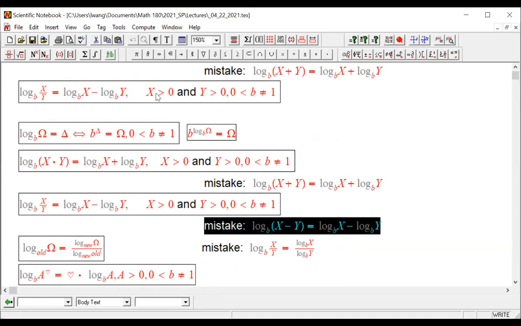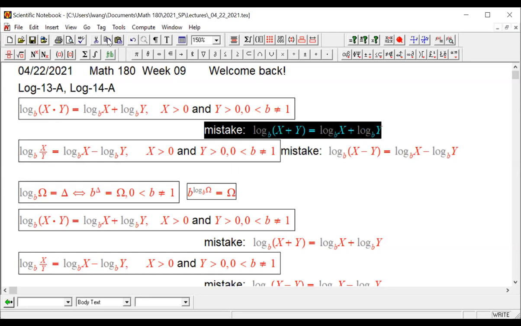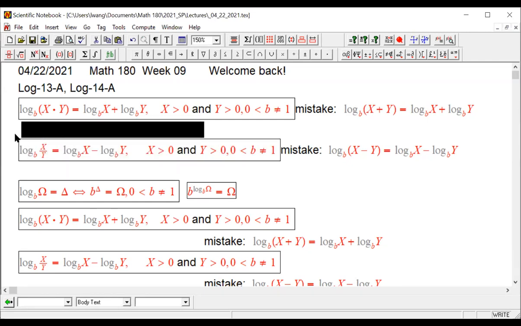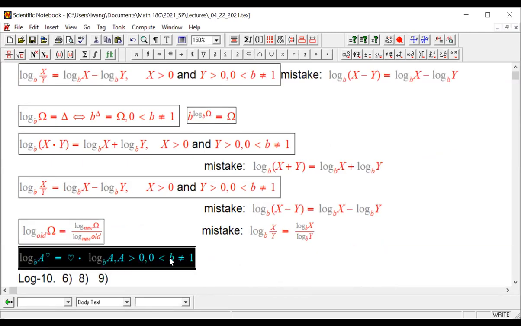I'll bring the mistake with it. And of course, from time to time, you also get to use the power rule, which is right here.